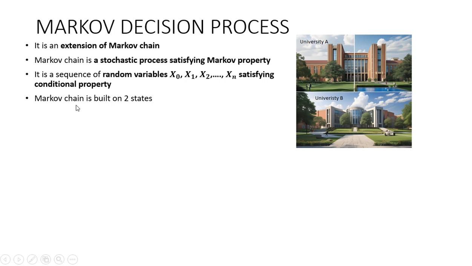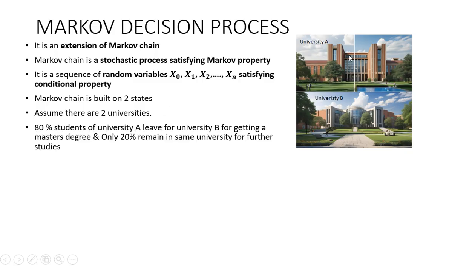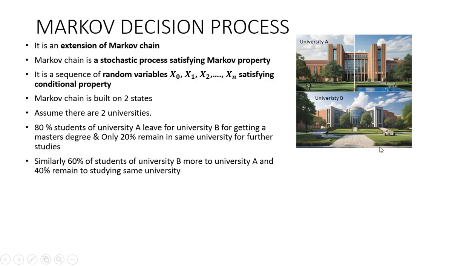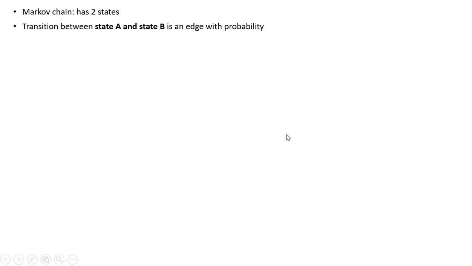Let's say I am building a Markov chain with two states: two universities, University A and University B. 80% of students of University A leave for University B for getting their master's degrees, so only 20% remain in University A for further studies. Similarly, 60% of students of University B go to University A for further studies, and therefore only 40% remain back in University B. The Markov chain for this example is as shown.